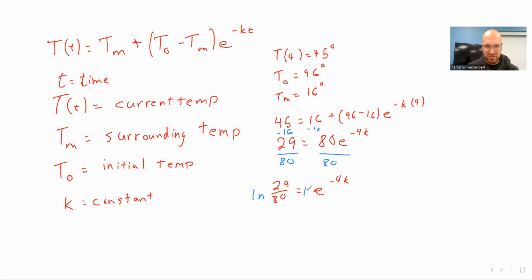I'm going to take the natural log of both sides or convert to exponential form or logarithmic form. They end up being the same thing. You get ln 29/80 either way. Natural log of e to the negative 4k, natural log of e to a power just cancels, and I'm left with the negative 4k.